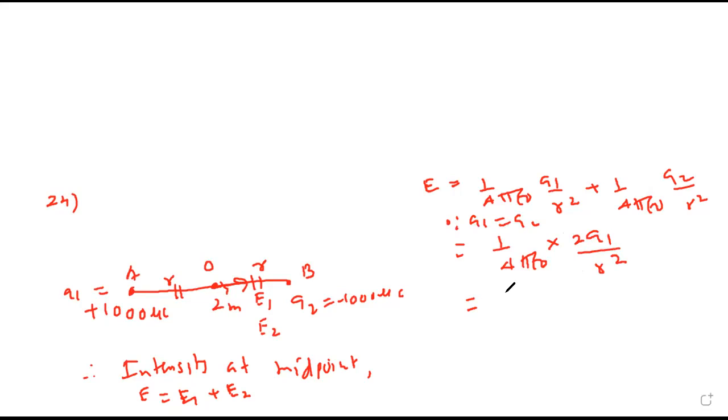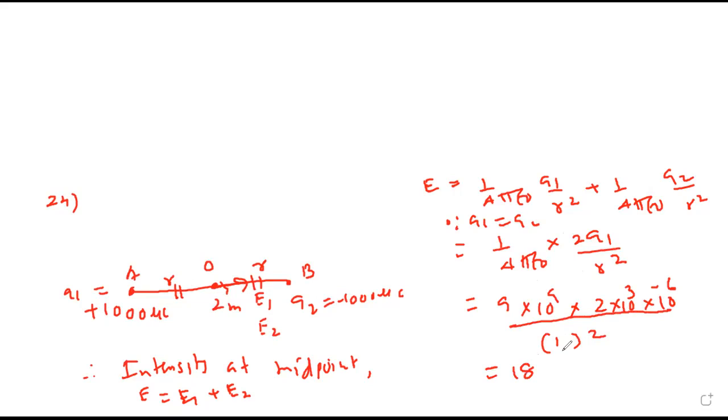This equals 9 into 10 raised to 9, 2 into 1000 into 10 raised to minus 6 upon distance 1 meter square.